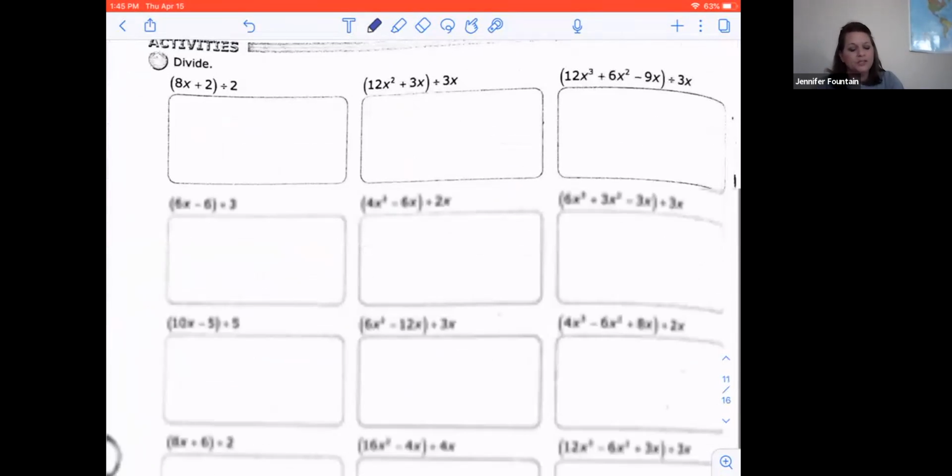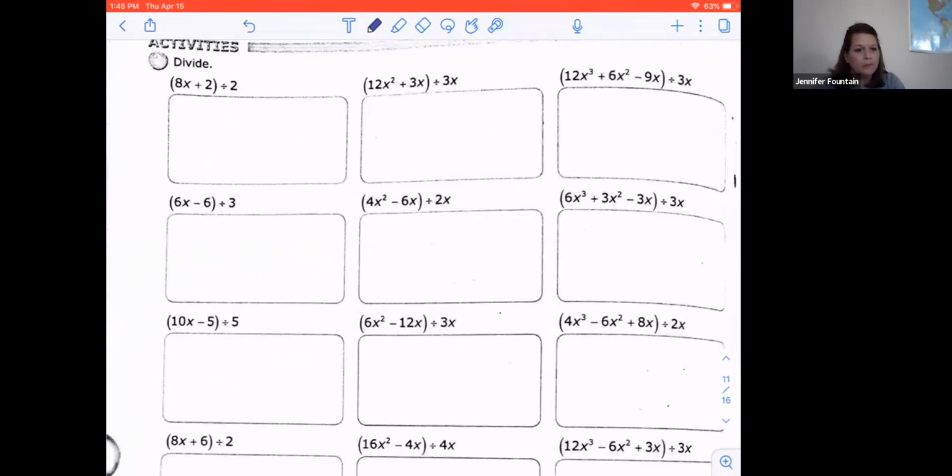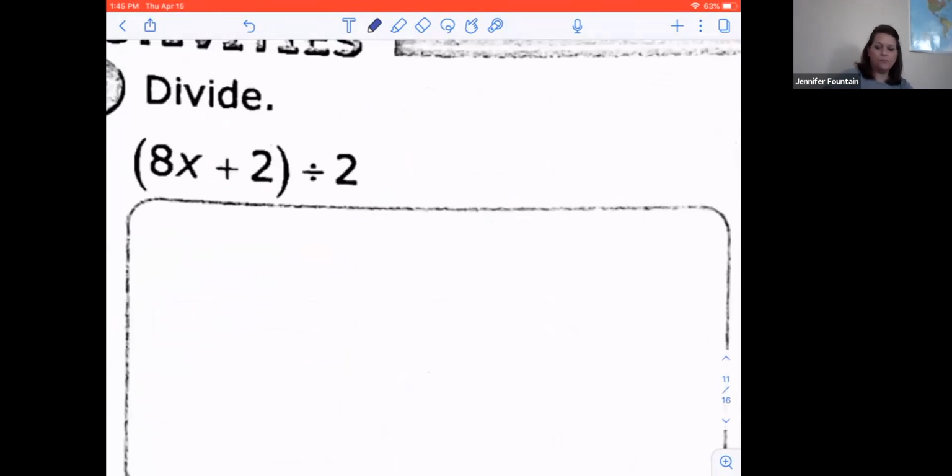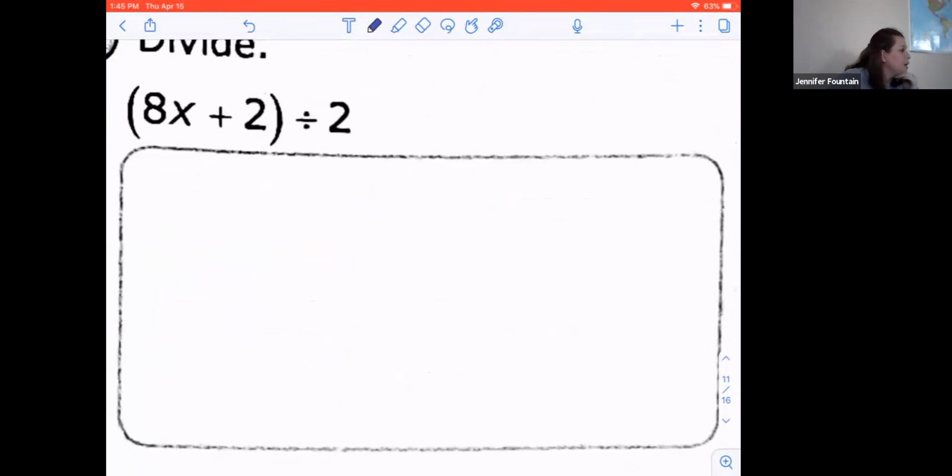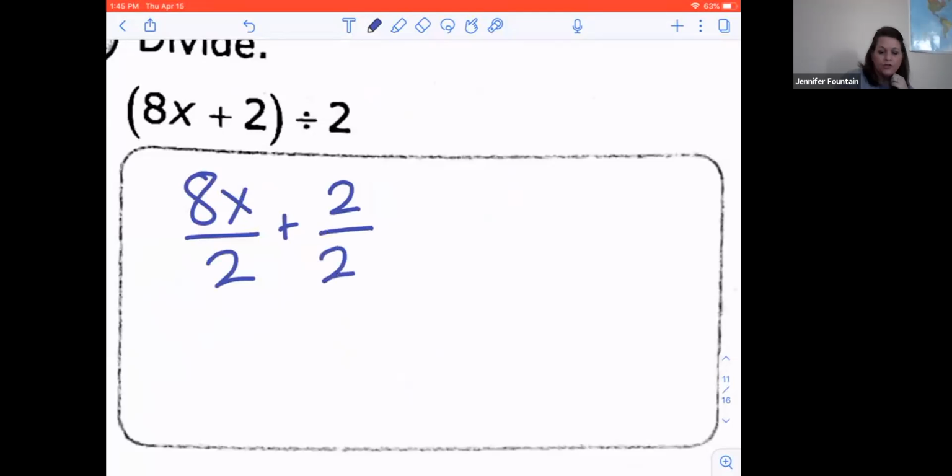All right, so activity 2, we're going to practice with dividing. I want you to rewrite the problem and then solve. So I'm going to start with 8x over 2 plus 2 over 2.